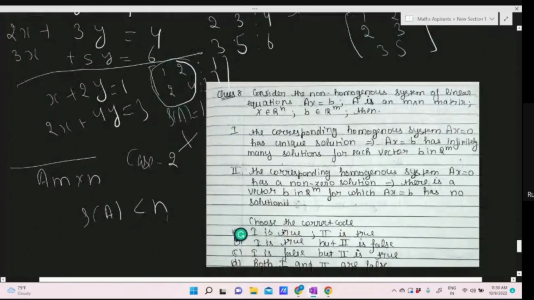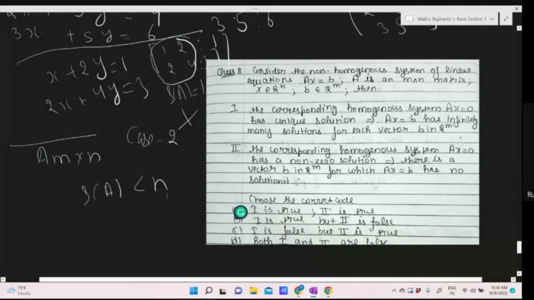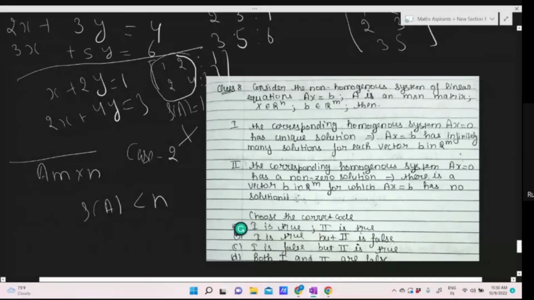Here option D is correct because of the existence. Here we can say that option number 1 is false and option number 2 is correct. That is, option number C is correct here.